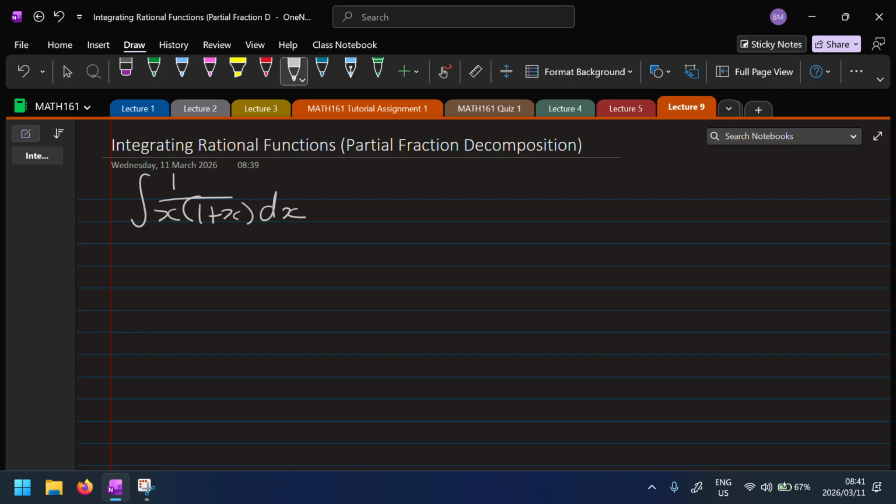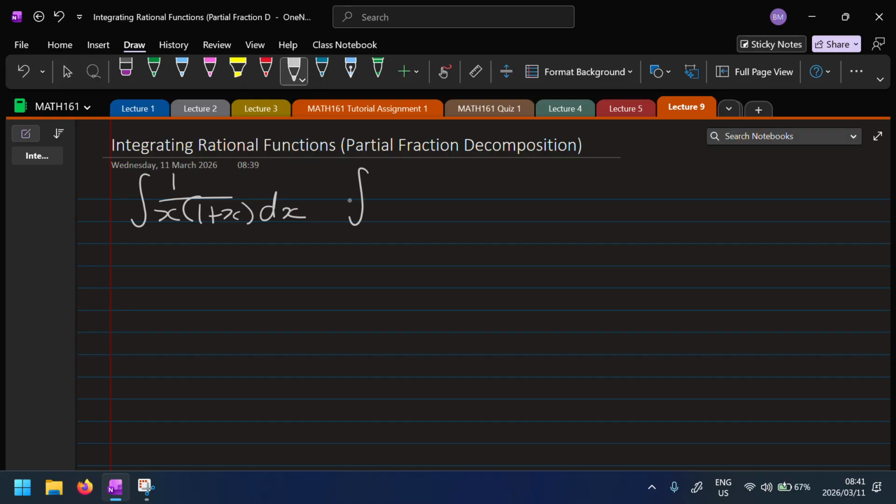We split it up into two parts, and the integral came out as the log function. Remember that one? We're going to be looking at things like this and more general integrals, where at the top, for the numerator, we have some polynomial. It won't just be 1, it will be some polynomial at the top, and at the bottom will be some other polynomial.